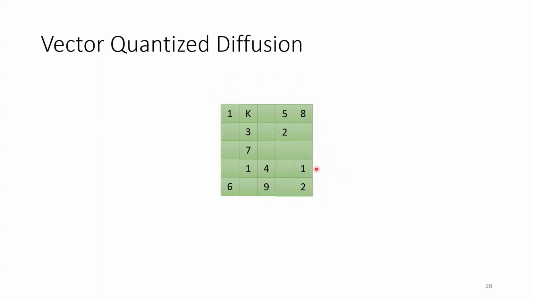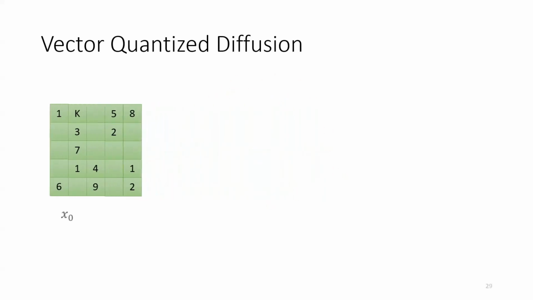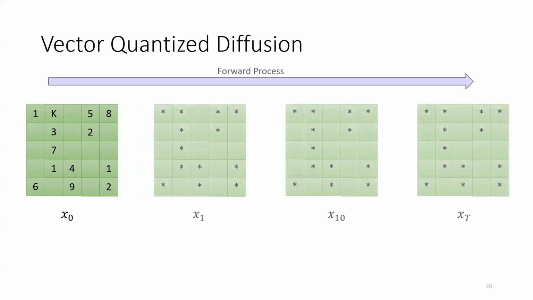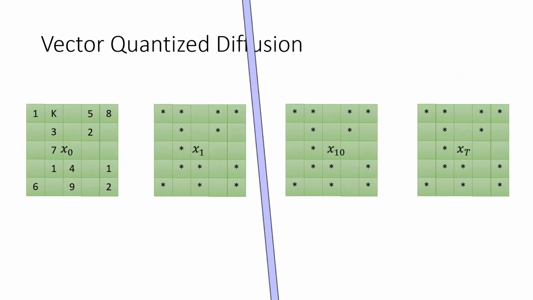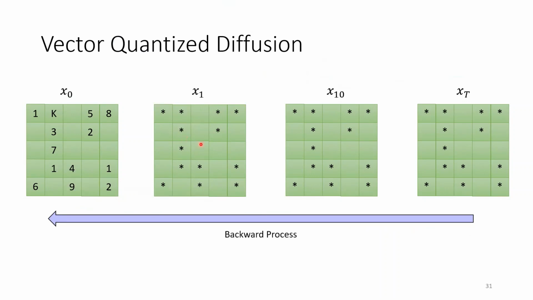More specifically, we will have this code representation as the input. We will gradually add noise in the forward process to obtain subsequent steps. And here you can see that I have marked these entries as star, because we will discuss further what the star has to offer. So this is the forward process. And in the reverse process, again, we try to denoise and obtain the input code representation.